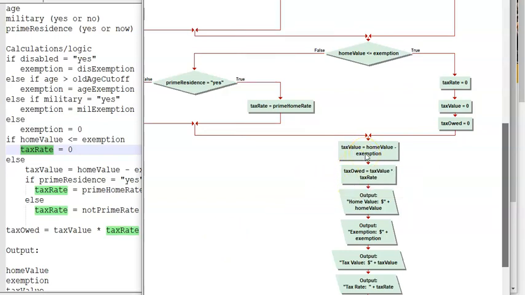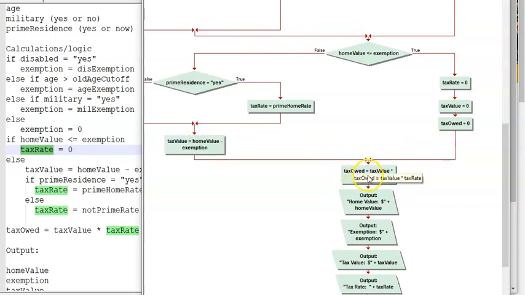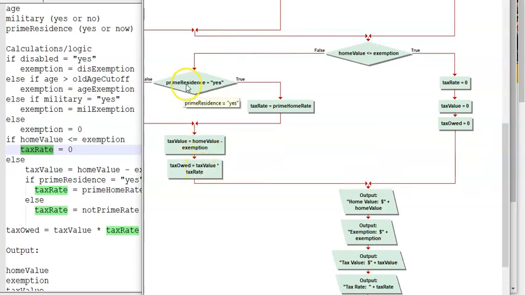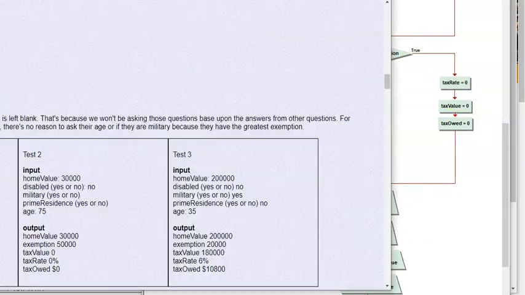I'm going to put that there and put that there because I'm not going to calculate those unless the exemption. Then I'm just going to zero them all out. Let's see if this works now. Make sure I haven't broken everything.